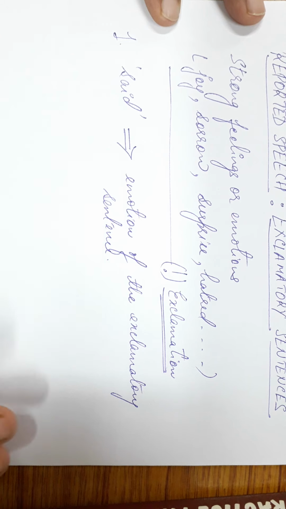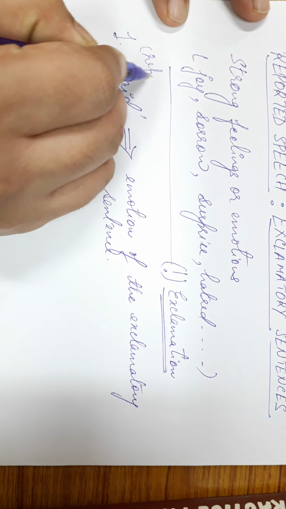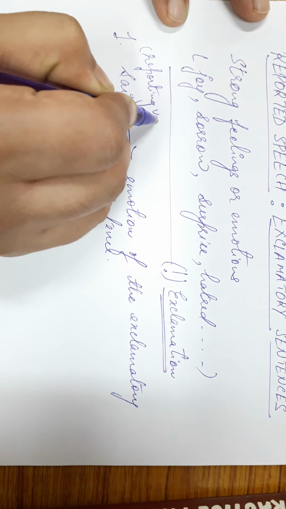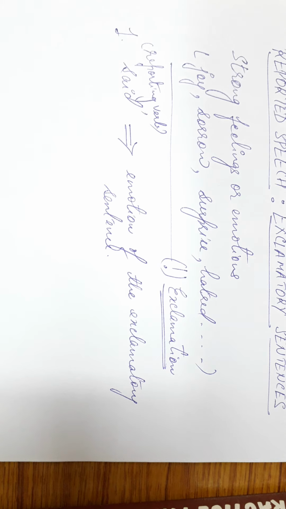That is, if the exclamatory sentence is expressing happiness, then the reporting verb said will be converted accordingly. If it is expressing sorrow, then there will be the corresponding conversions or replacement. If it is surprise, then the same thing goes. And if it is hatred or any other emotions, then the reporting verb said is changed according to the emotion. Okay?